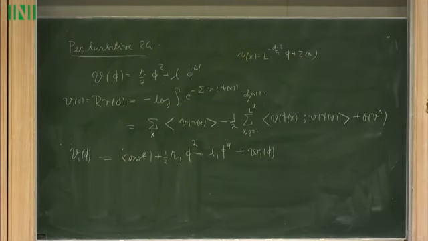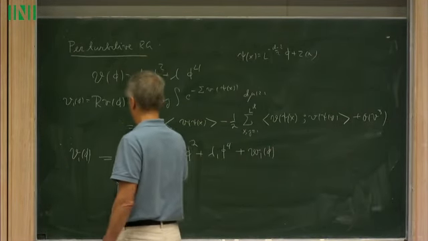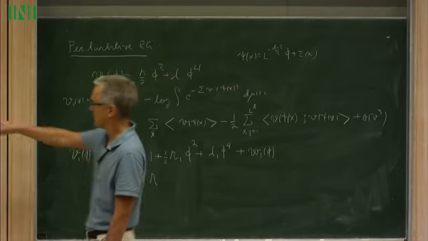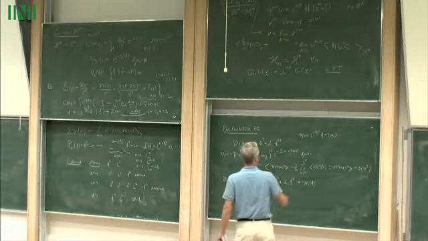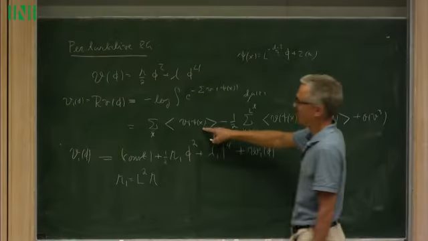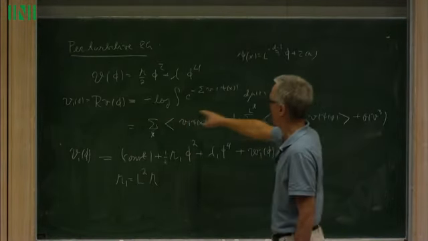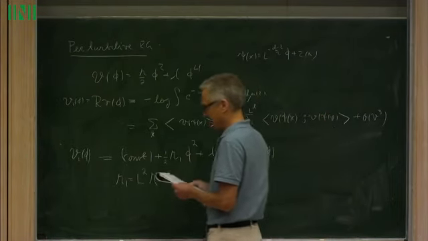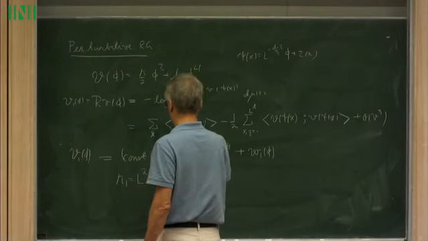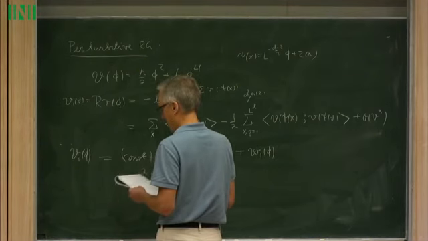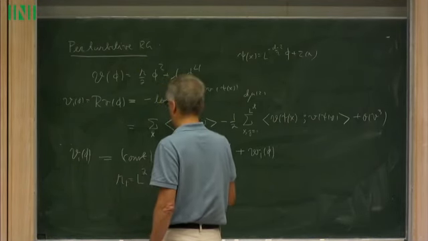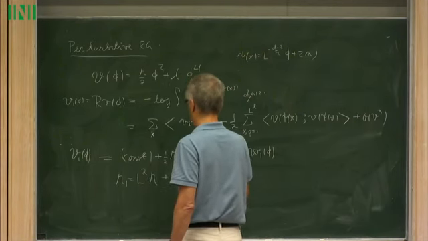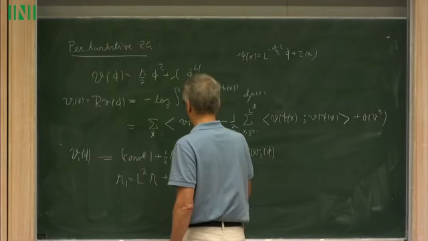Okay, and what is the recursion? So R1 is L squared times R. That's what we saw here in linear order. From here, I didn't look at what this lower order term is, but there is clearly a lower order term. Let me give it a name: plus gamma 1 of R, gamma 1 of R times lambda.